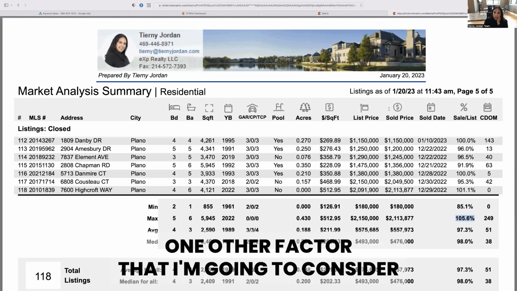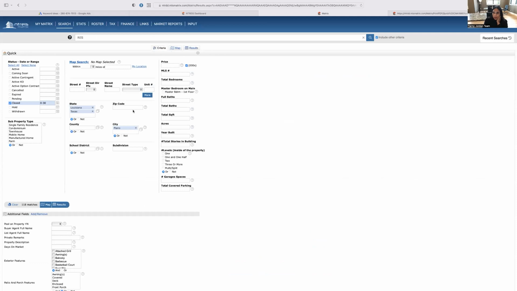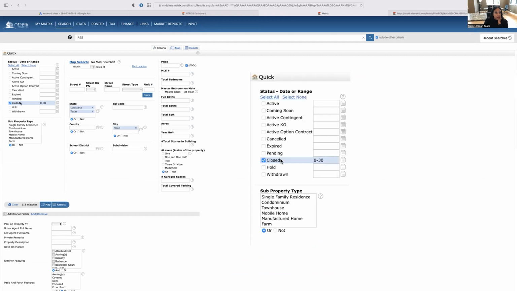One other factor that I'm going to consider is is it a seller's market or is it a buyer's market right now? So I'm going to look at there were in the last 30 days, 118 sold, right? And then if I look at how much inventory is on the market right now, there's 264, right?